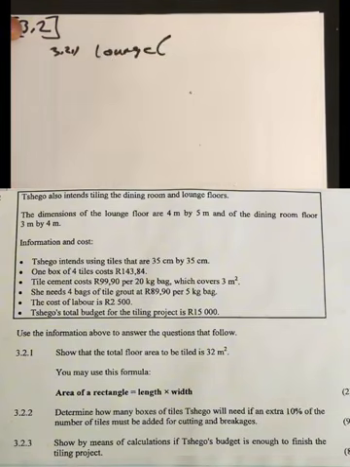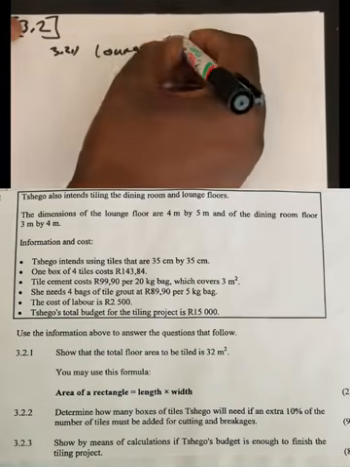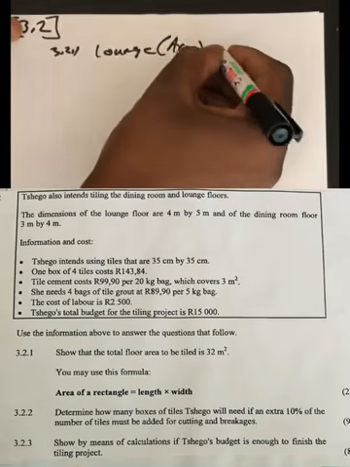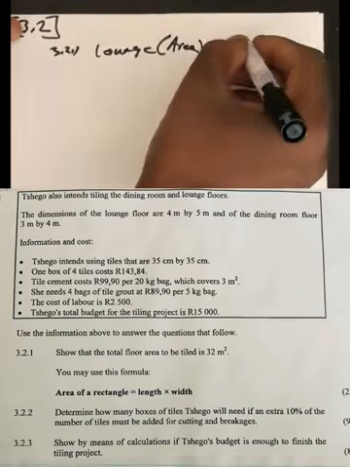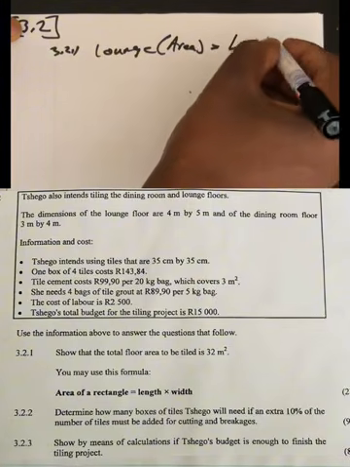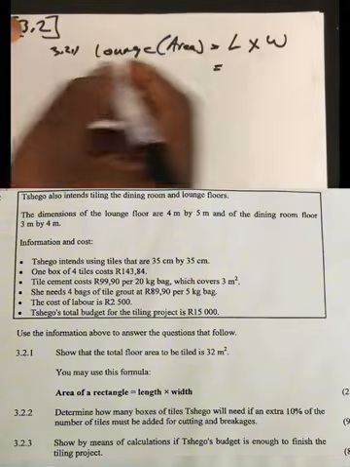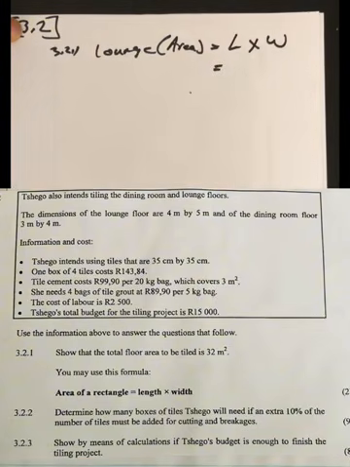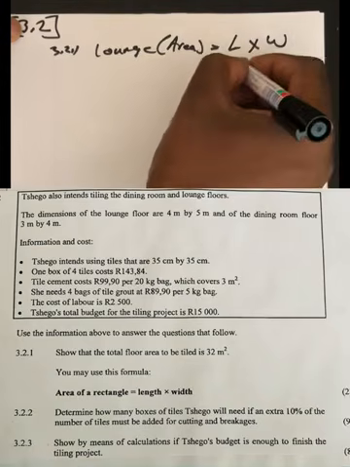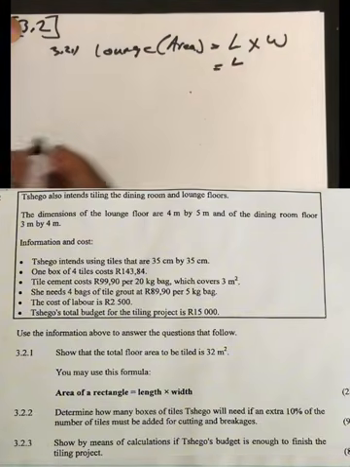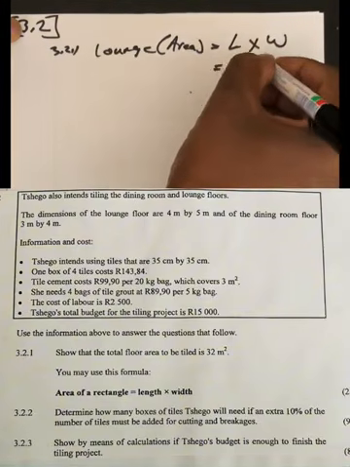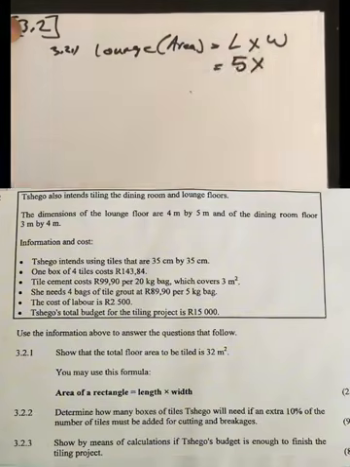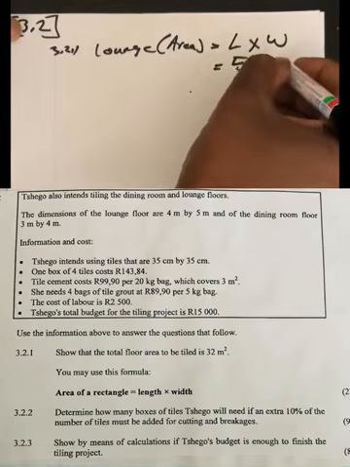What are we doing here? We are calculating what the area is equals to length multiplied by width. If you look at our line there, our length is 5, 5 multiplied by 4.